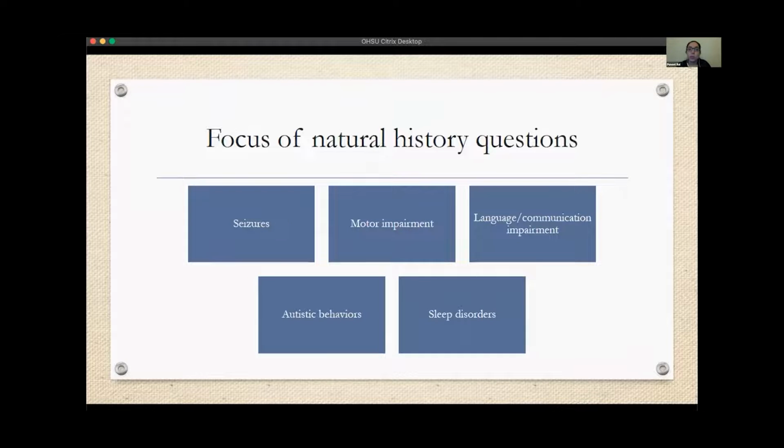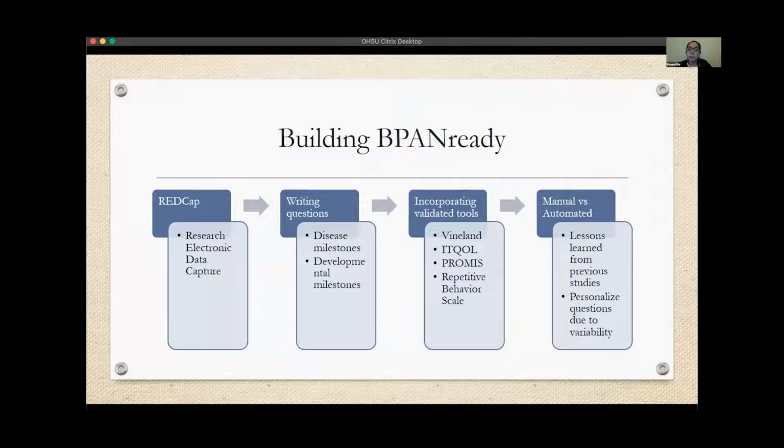And so we started building BPANready by first picking a platform. We used REDCap, which is one we've used in the past for our PCAN and PLAN natural history studies. So it's something we're familiar with. We know the limitations and some of the benefits of the platform. So we decided to use that again.